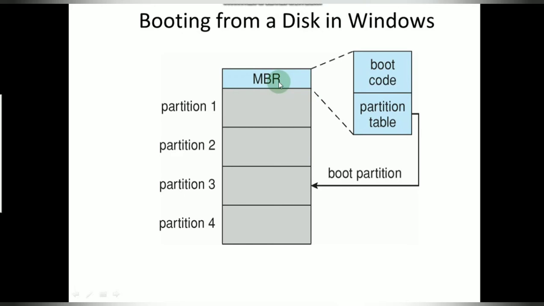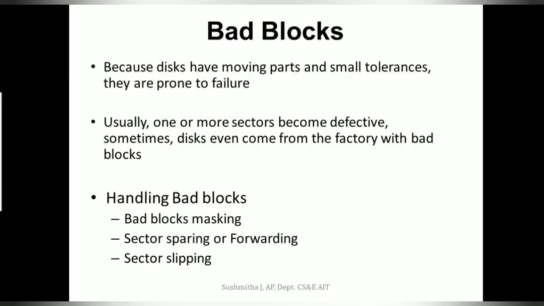The code directs the system to read the boot code from the MBR. In addition to containing the boot code, the MBR also contains a table listing the partitions for the hard disk and a flag indicating which partition the system is booted from. So this is about the concept of the boot block.